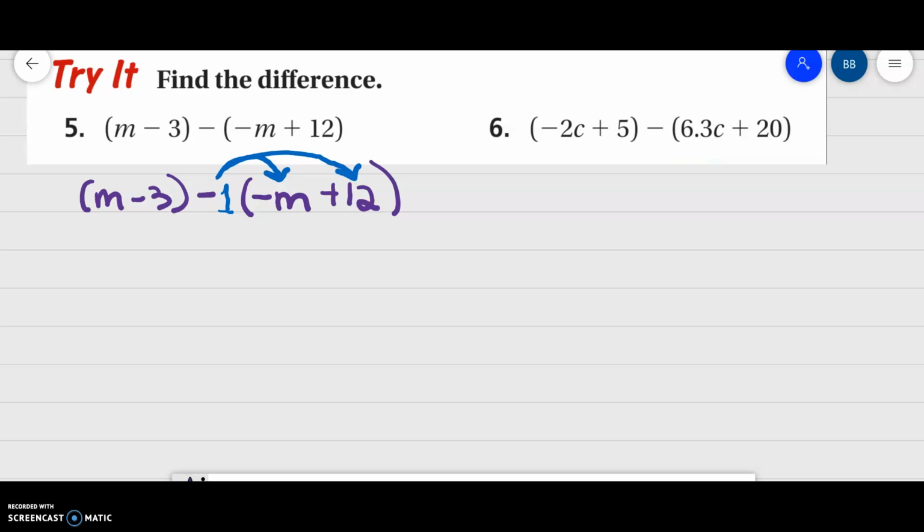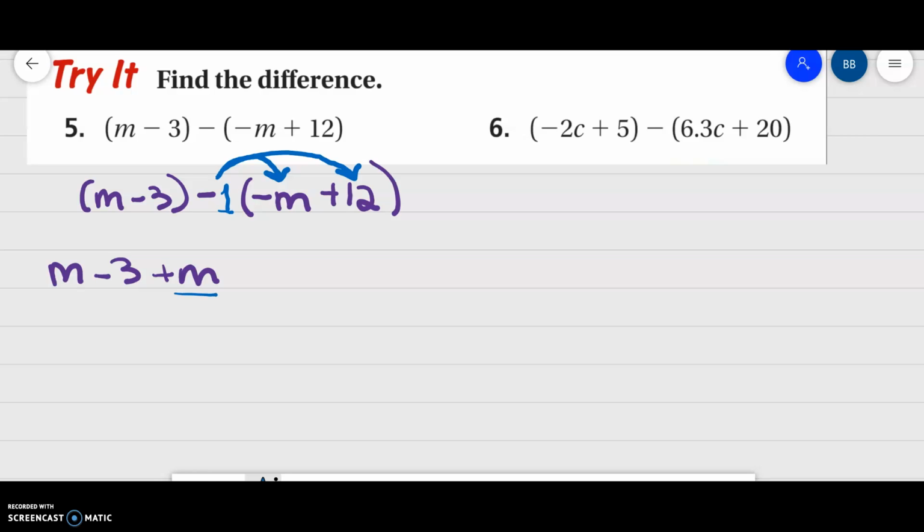So we can simply rewrite the first expression, m minus 3, and then we're subtracting negative m. We all know when we subtract a negative, it's the same as adding, or we can write plus m. So you can think about it as multiplying negative 1 times negative m to get that plus m I just wrote down there.